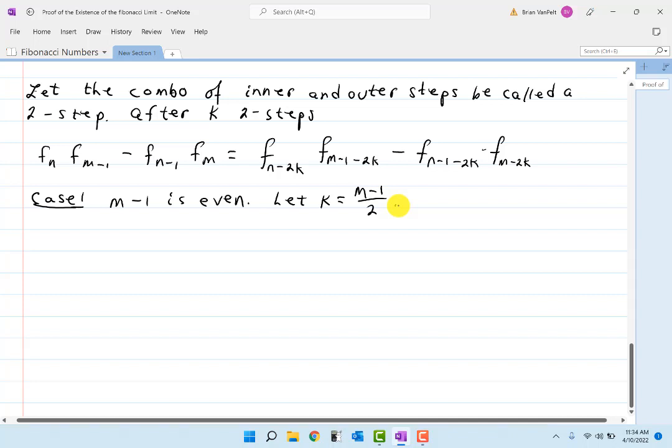And so what we get in that case is f sub n, f sub m minus 1, minus f sub n minus 1, f sub m. That's going to equal f sub n minus 2 times m minus 1 over 2. These subscripts get complicated, but they're not terrible. So everywhere I see a k, I'm just going to put an m minus 1 over 2.